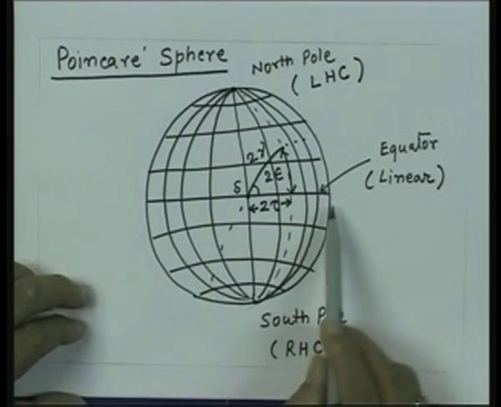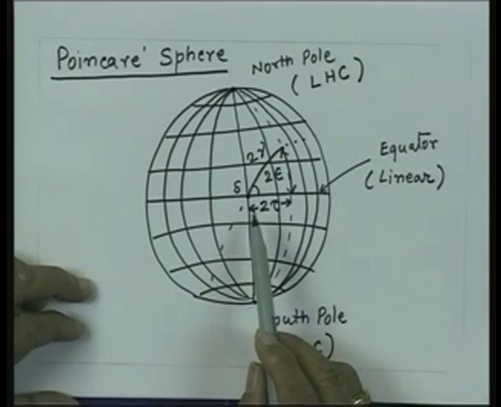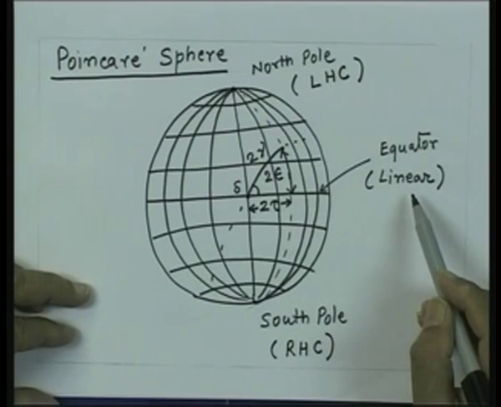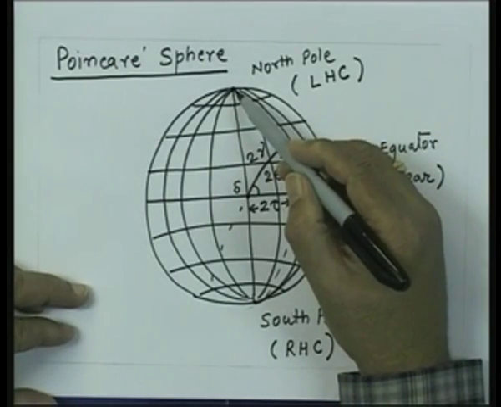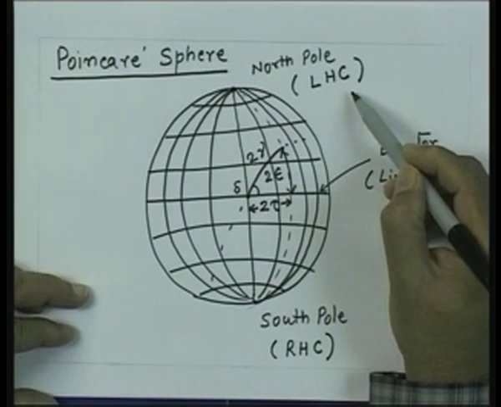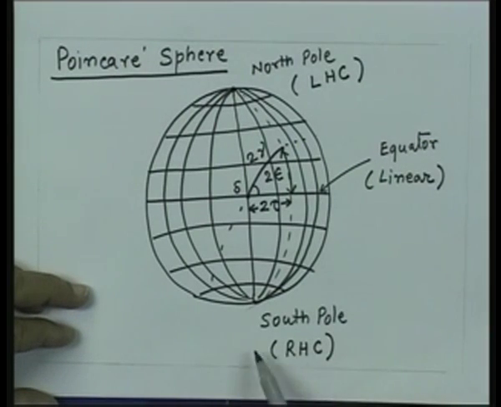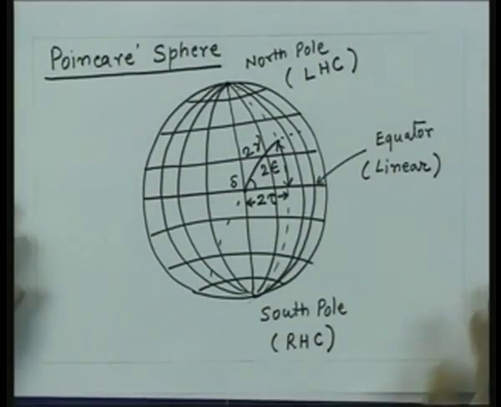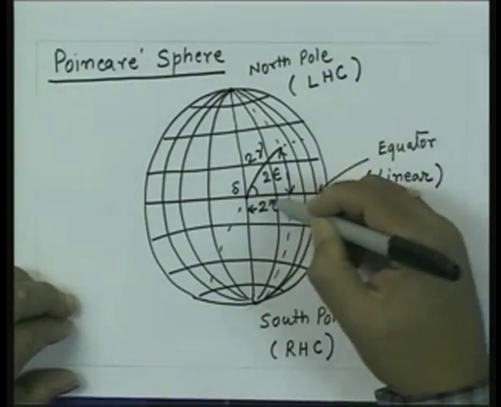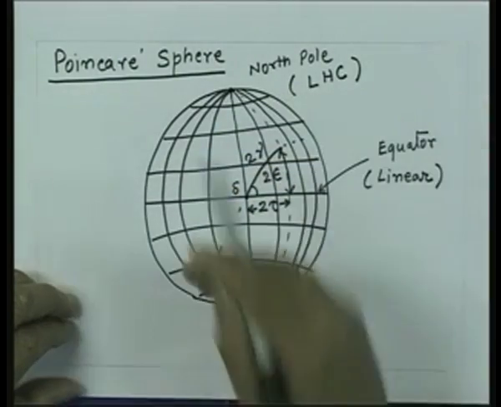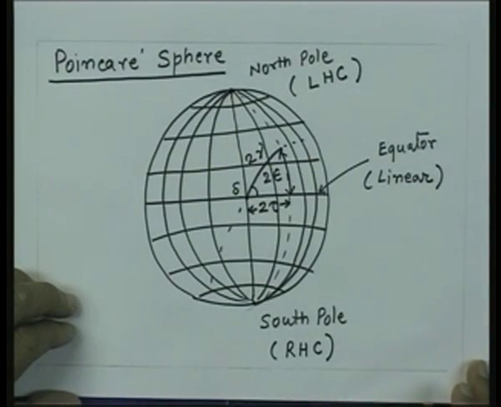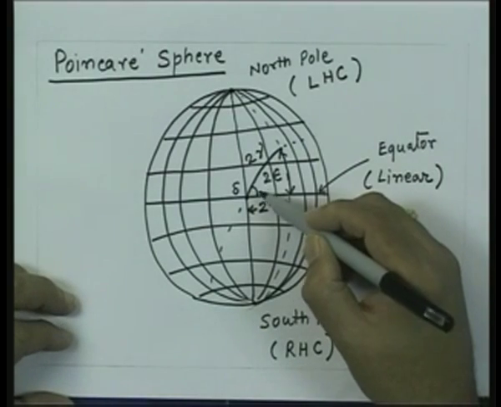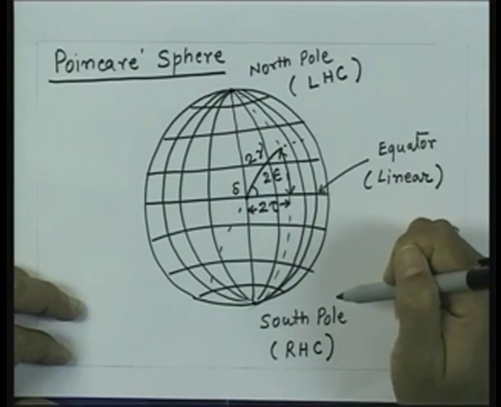So, any point lying on the equator of the sphere represents linear polarization. The north pole of this globe represents left-handed circular polarization, and the south pole represents right-handed circular polarization. Also, we note that any point lying on the northern hemisphere of the sphere has a positive value of delta.